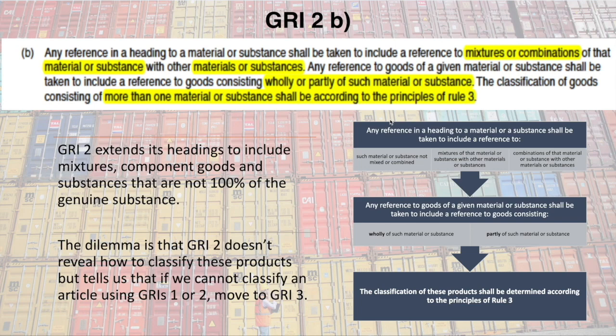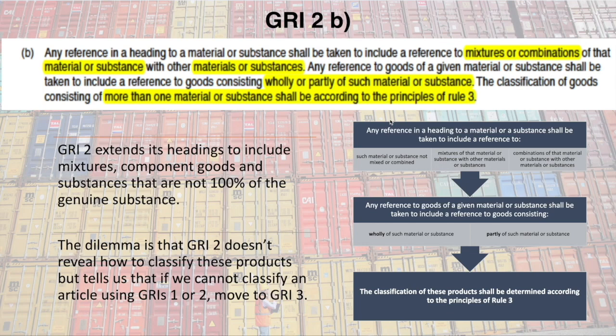Likewise, any reference to goods of a given material shall be taken to include goods consisting wholly or partially of that material. The classification of these mixed products or of these composite articles will be carried out according to the principles enunciated in Rule 3.